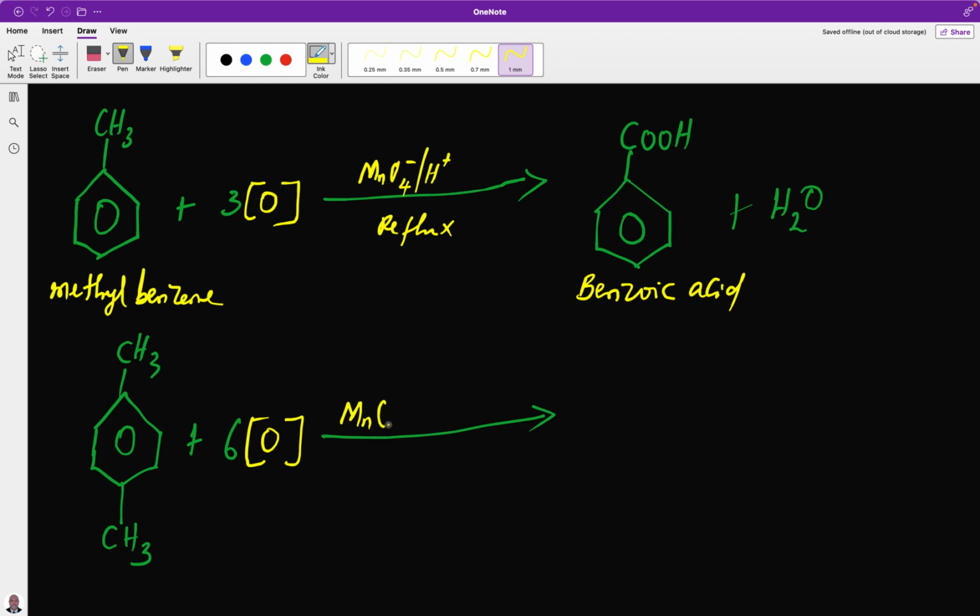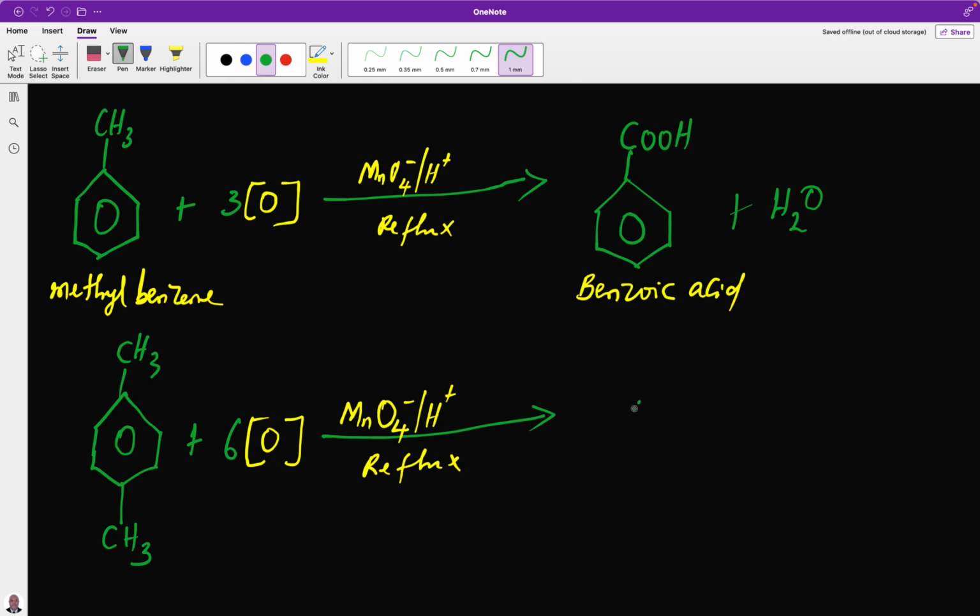Acidified manganate 7 ion. When we reflux it, our product will be a dicarboxylic acid.